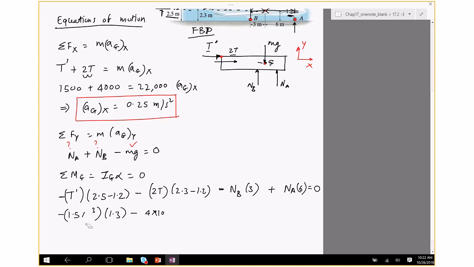It says 1,500. 1,500 times 1.3 minus 4,000 times 1.1 minus 3NB plus 6NA equals 0. So from this we see that NA and NB are unknowns, everything else is known.